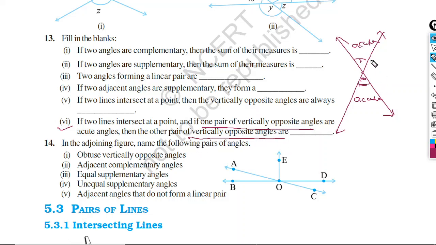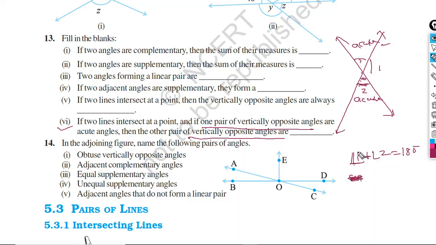Suppose we name the angle number 1 and angle number 2. As it is a line, they will be linear pair angle. So angle 1 plus angle 2 must be 180 degree as they are linear pair. So if angle 2 is acute, that means less than 90, I will take an example 89 degree.